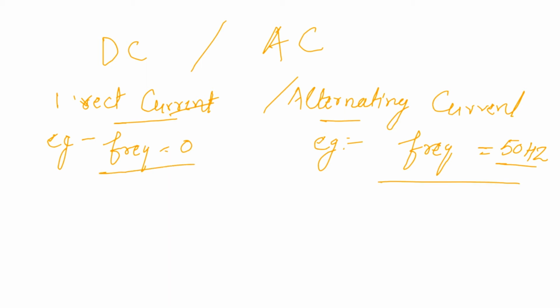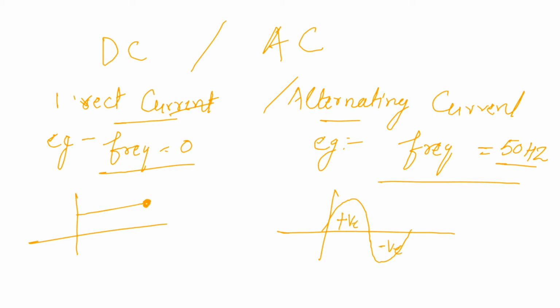Direct current is represented in this manner, whereas alternating current is represented in this manner. It has some positive and negative amplitude, but in the case of direct current, there is no variation of positive and negative.